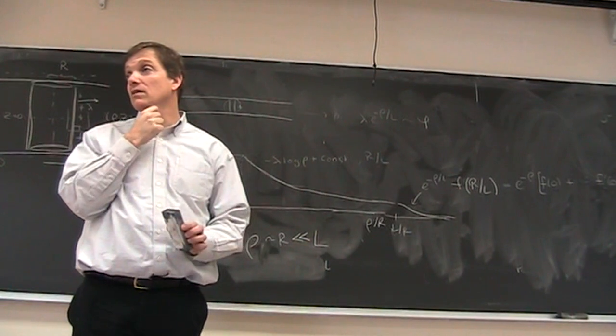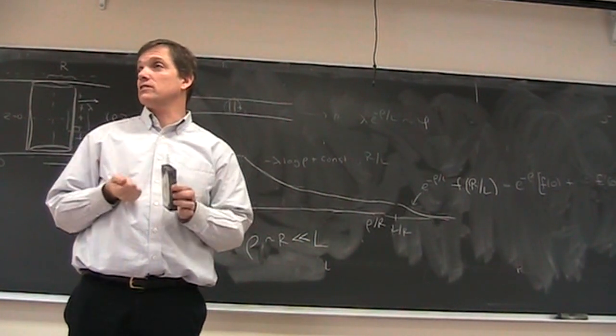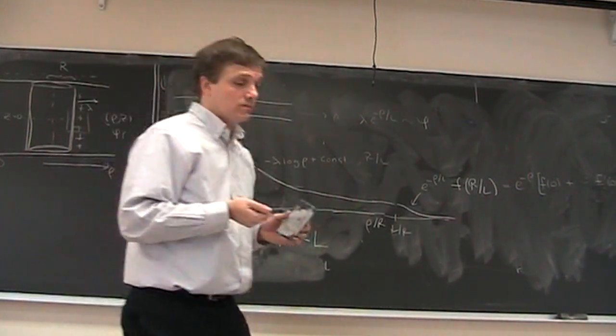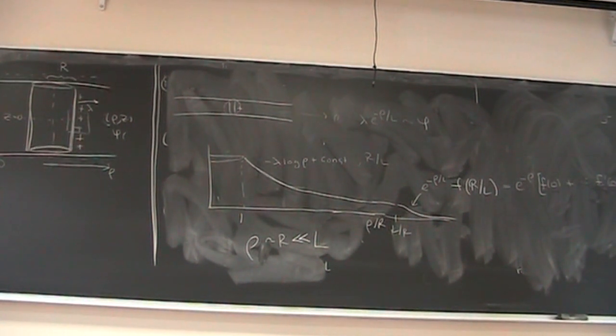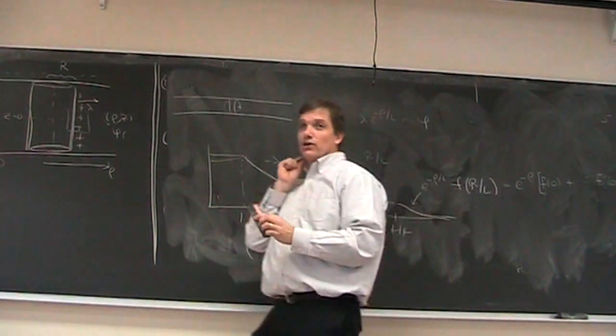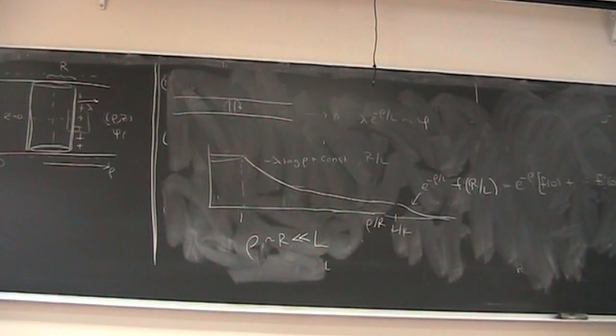If you change it, then you get a slight change in this picture. Down here in the example, it's supposed to be rho over R, not rho over L. So I chose R to be 1, and then L is 10.